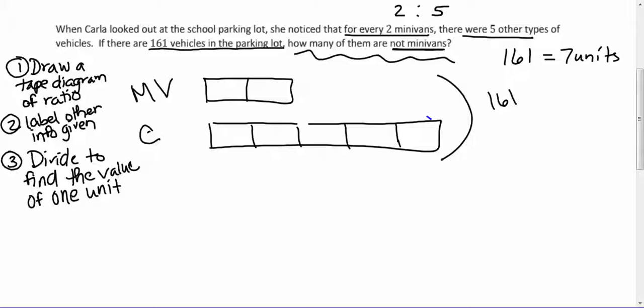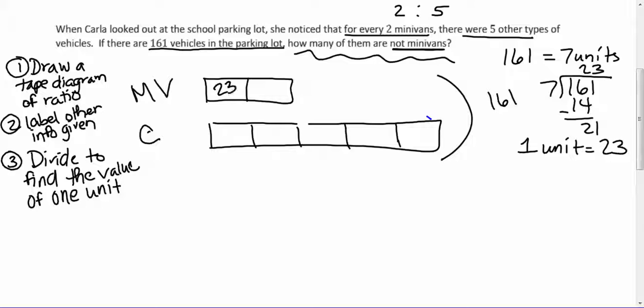So in this case, we know that 161 vehicles make up that 7 unit total section. So we're going to divide 161 by 7, and you are going to get 23. So we know 1 unit equals 23 vehicles.